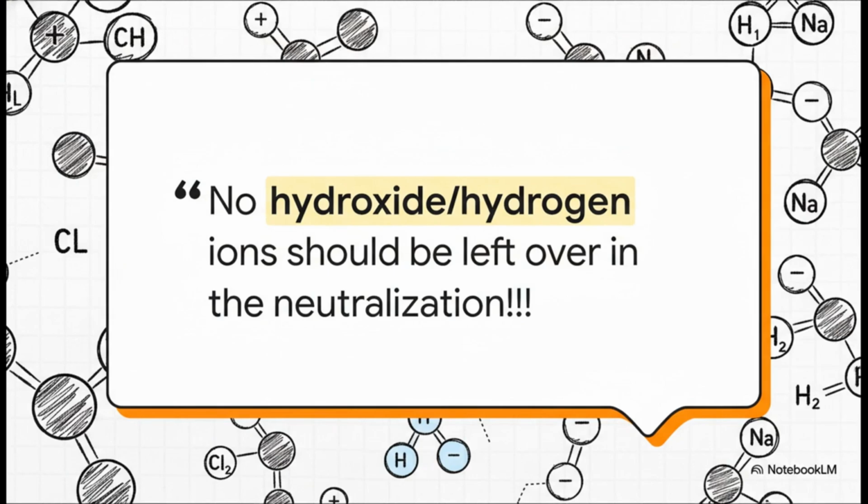Okay, now listen up, because this is a super important rule. For a perfect neutralization, you have to add the exact right amount of acid and base so that every single H+ ion finds an OH- partner. If you nail it, there won't be a single leftover H+ or OH-. All you'll have is water and those spectator ions.